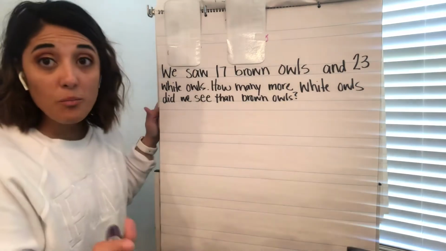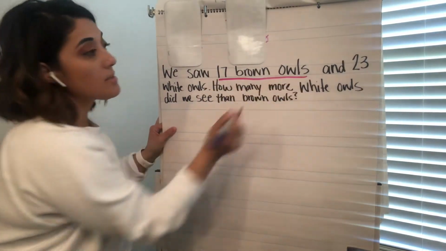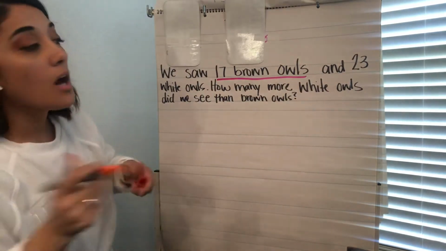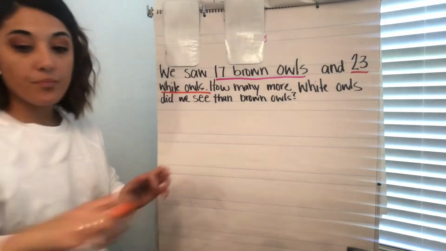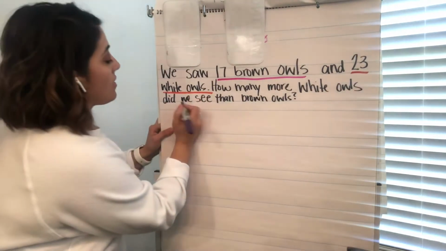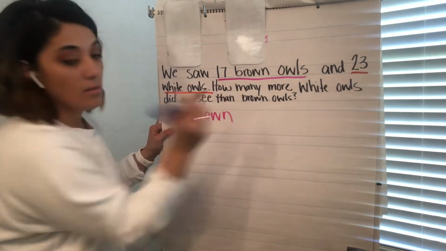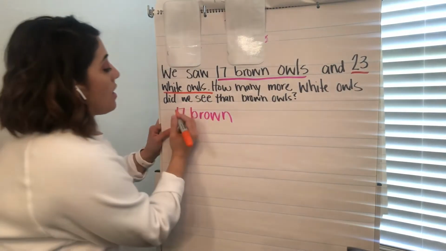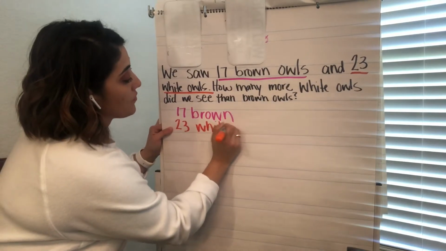And so some really important things to notice in this is that we saw 17 brown owls and we saw 23 white owls. Okay?